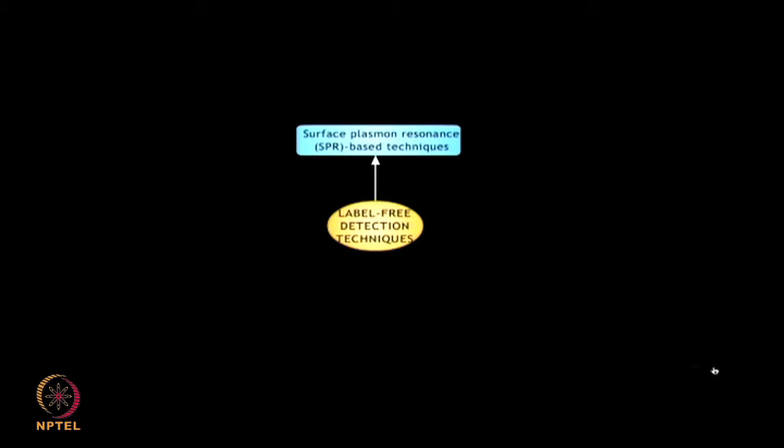First is SPR, surface plasmon resonance, which detects any change in refractive index of material at the interface between metal surface and the ambient medium. Second, SPRI or surface plasmon resonance imaging.